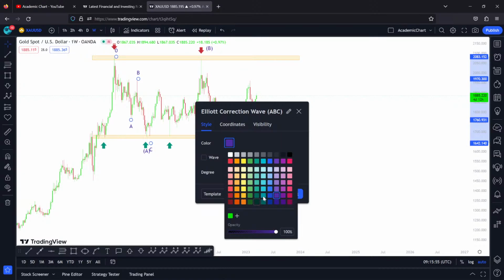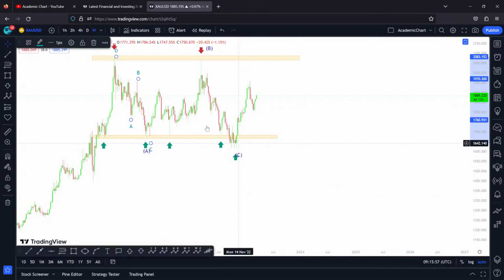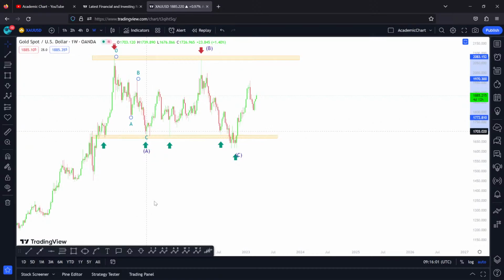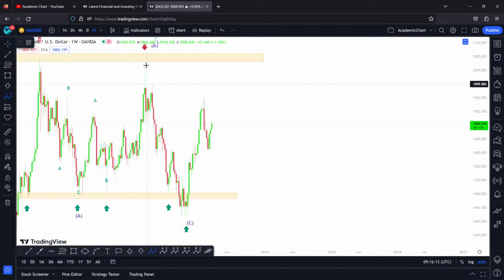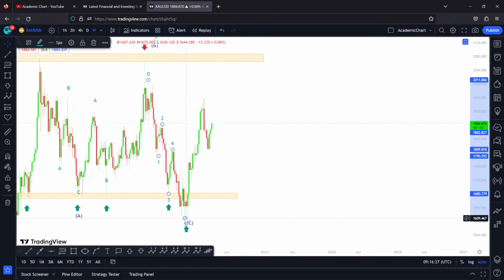Now let's switch the colors back to a lighter color. So this is my ABC that created that A. We had this kind of ABC with a big shadow here and C to the top as B. And depending on when you want to say this has started, I can see that it is an A, then 1, 2, 3, 4, 5, which is the behavior of the flat.